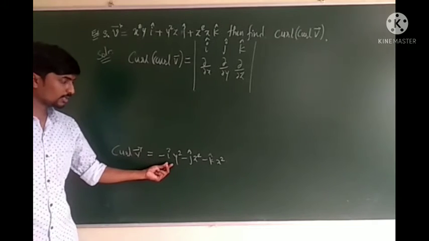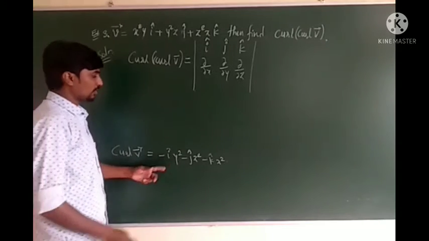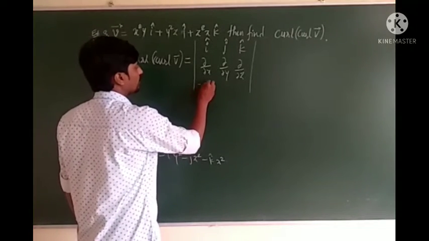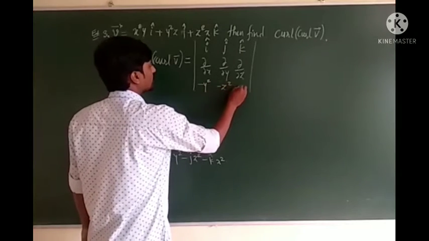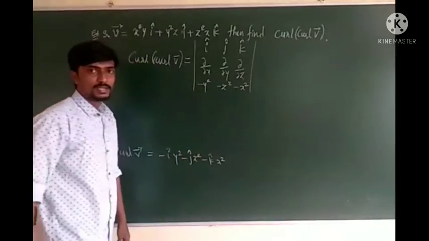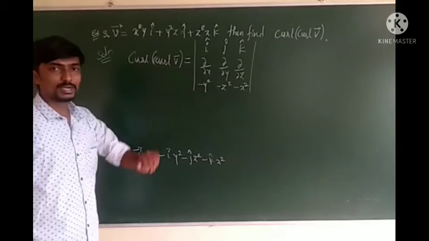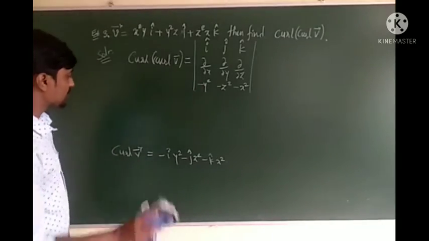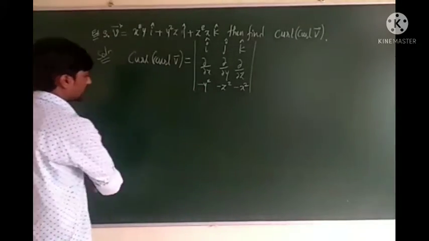So write down these values: minus y square, minus z square, minus x square. Now expand the determinant and you will get the answer for curl of curl v.